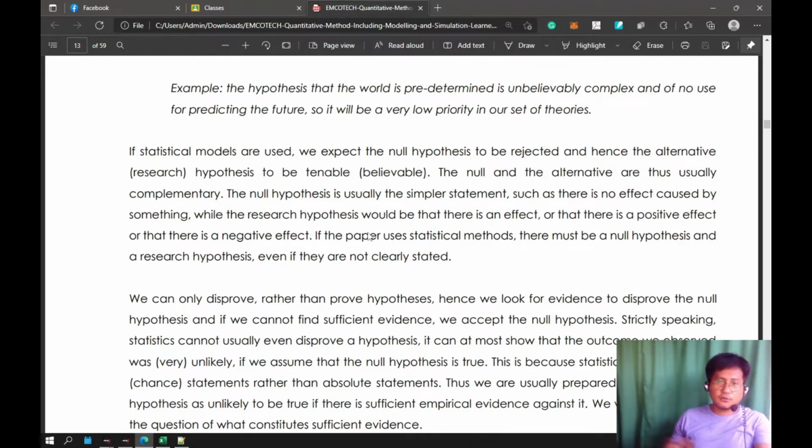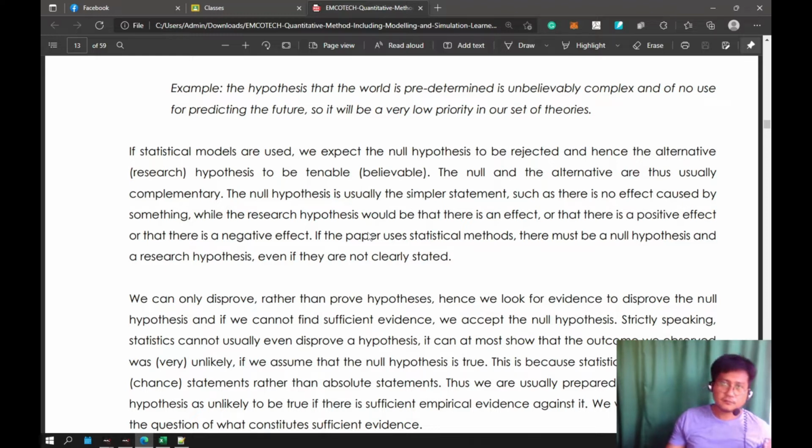If statistical models are used, we expect the null hypothesis to be rejected, and hence the alternative research hypothesis to be attainable or believable. So the null and the alternative are usually complementary. The null hypothesis is usually the simpler statement, such as there is no effect caused by something, while the research hypothesis would be that there is an effect.